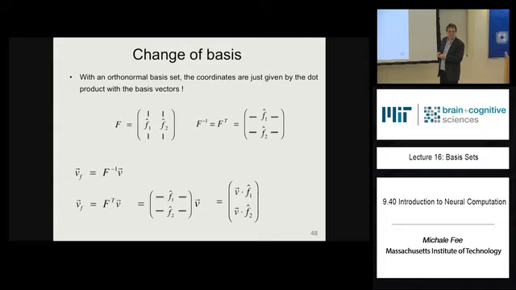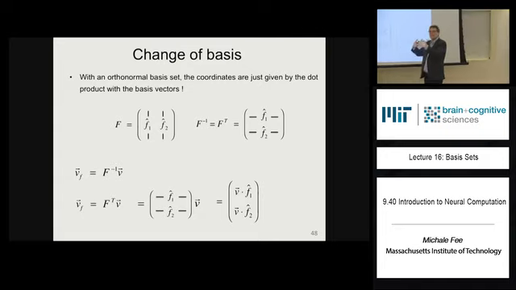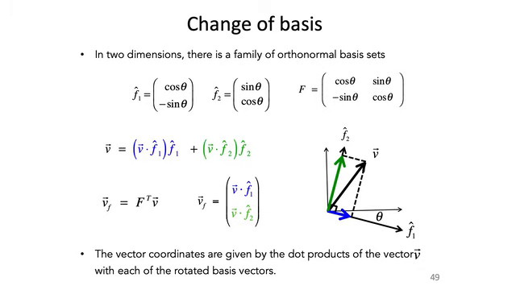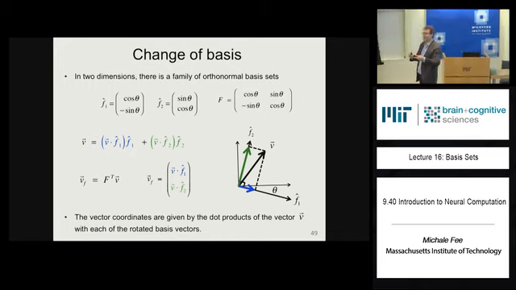So this shows how for an orthonormal basis, taking the transpose of F, which is the inverse of F, times V is just taking the dot product of V with each of the basis vectors. So that ties it back to what we were showing before about how to do this change of basis. Just tying up those two ways of thinking about it.